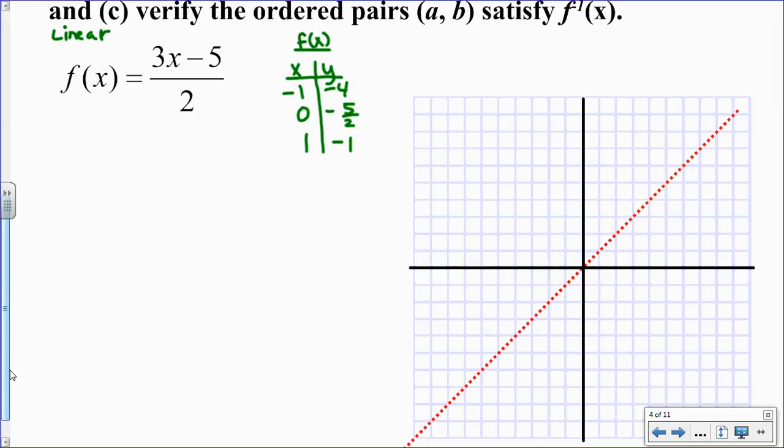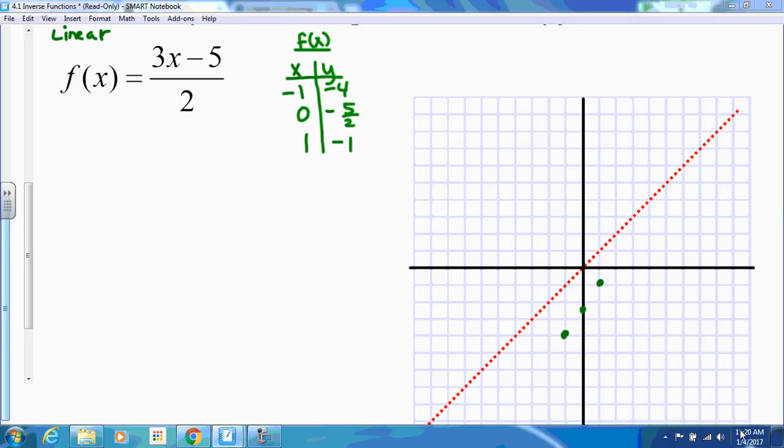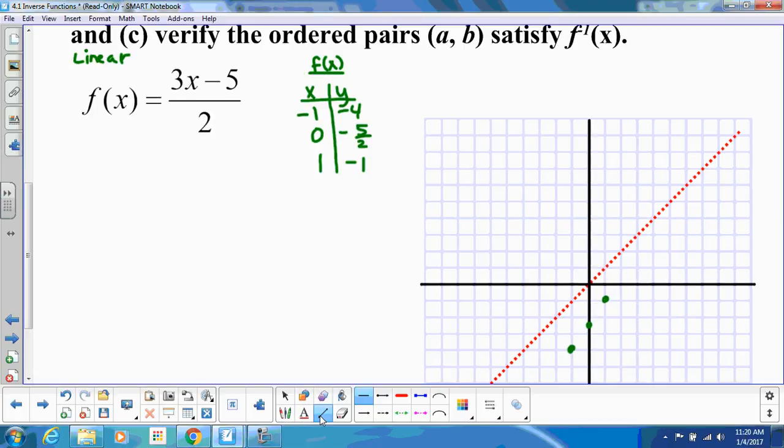Okay, so -1, -4. Zero, -5/2, so that's -2.5, and 1, -1. Okay, draw a line.